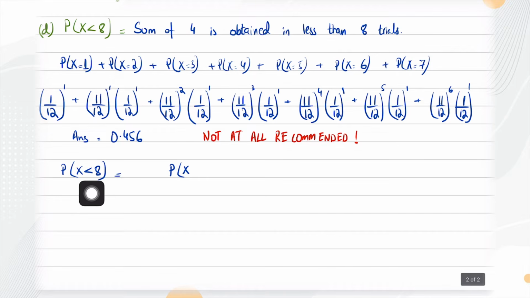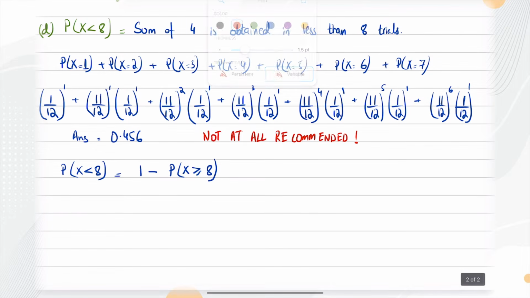The probability that a sum of 4 is obtained in less than 8 attempts is basically the same as total, which is 1, minus the probability that a sum of 4 is obtained in 8 or more attempts. I'll repeat: the probability that a sum of 4 is obtained in less than 8 attempts can be worked out by taking the total and subtracting the opposite of x less than 8, which is x greater than or equal to 8.